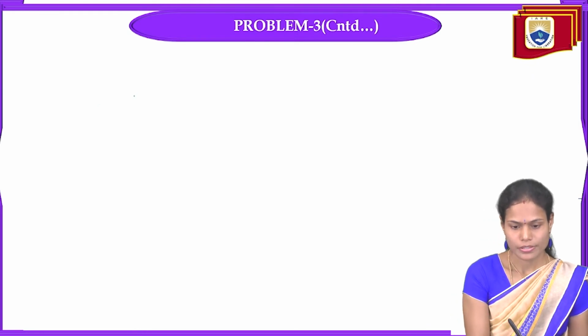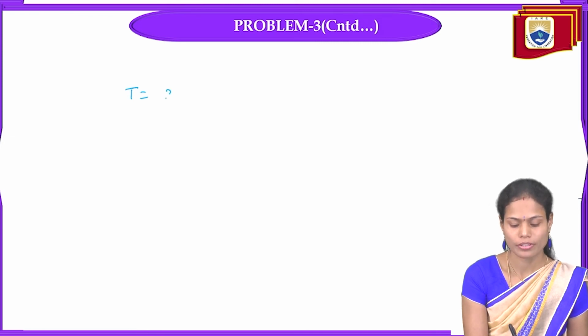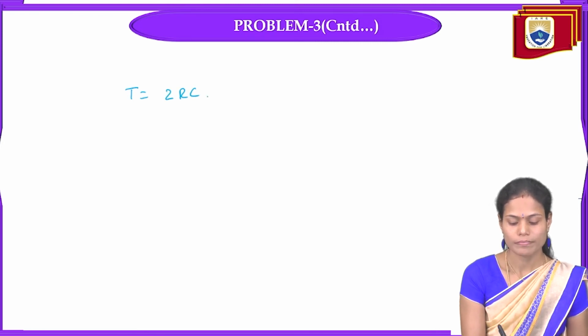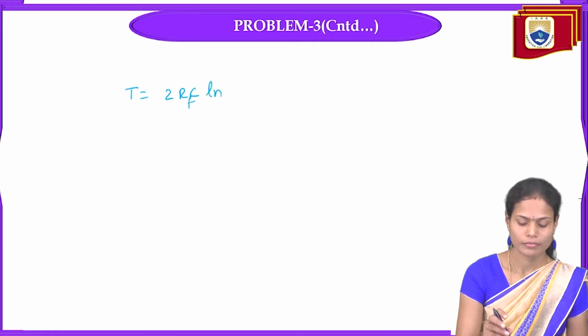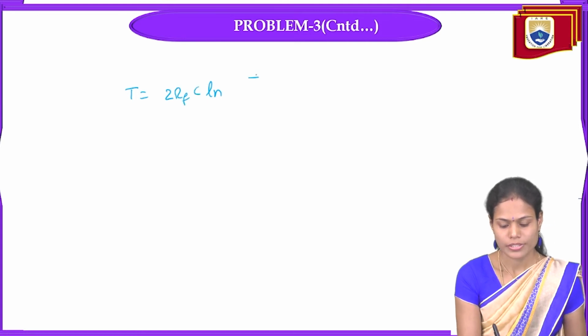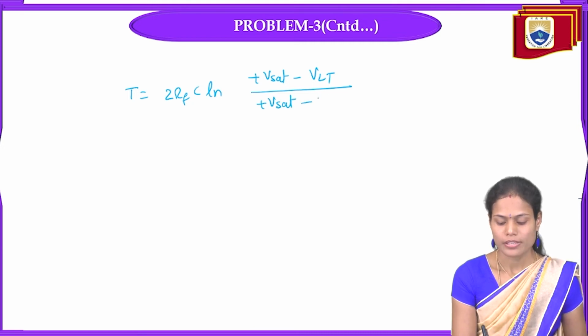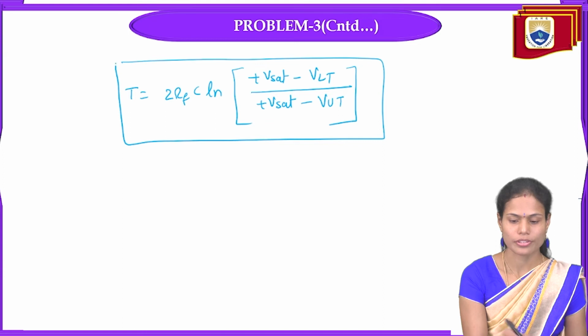So for that purpose, I am finding the time period first, that is T equal to 2 RFC ln of (positive V saturation minus lower threshold voltage) divided by (negative saturation minus upper threshold voltage). So this is the time period formula for the given circuit.